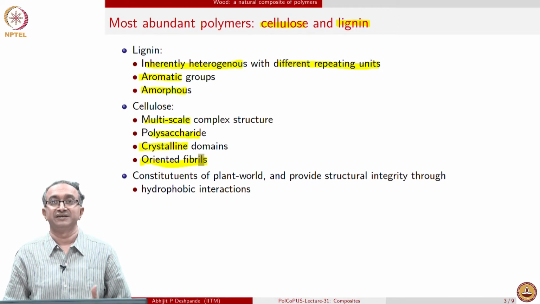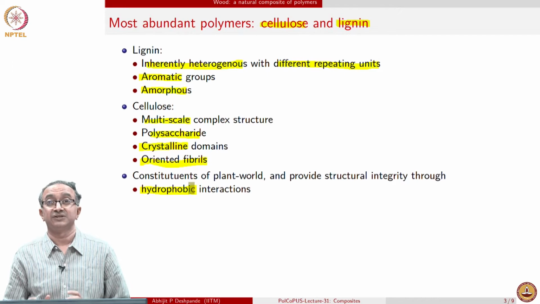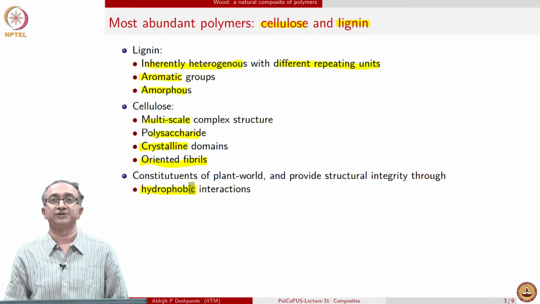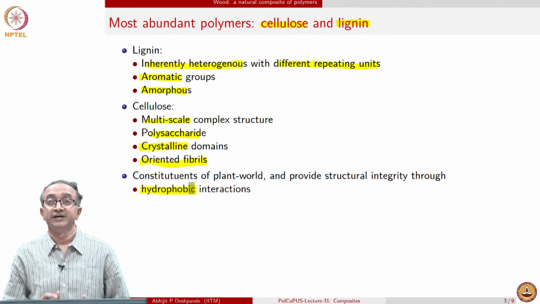It provides the structural strength to plant species, and a lot of how lignin and cellulose interact is through hydrophobic interactions, because of the presence of aromatic groups and the nature of lignin, and given that cellulose has both hydrophilic and hydrophobic groups, it's the hydrophobic interaction between lignin and cellulose which determines the overall structure of the composite.